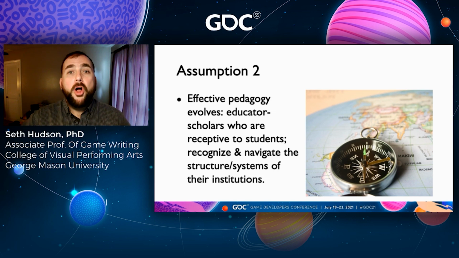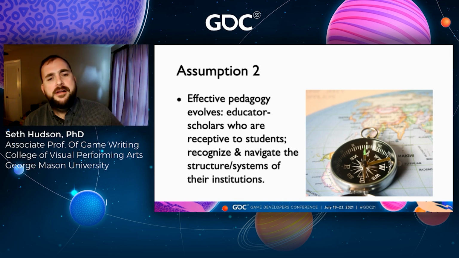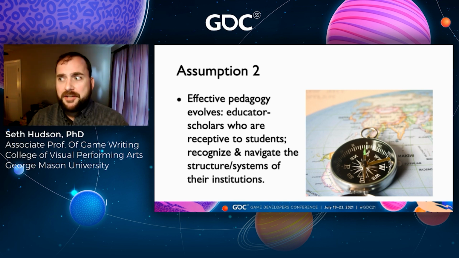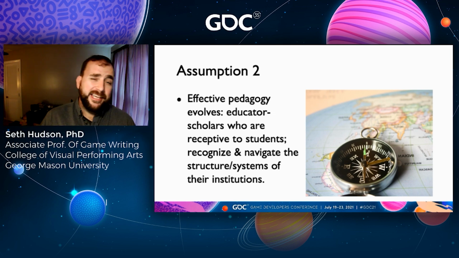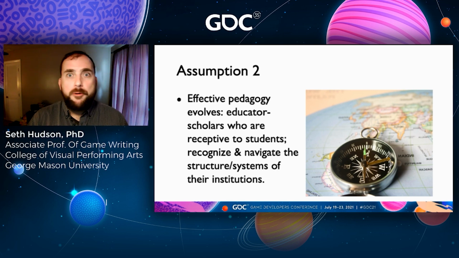But when we evolve, we allow ourselves to, A, keep it fresh. We're people too. We're not teaching robots. But B, to actually not just be pie in the sky. Like if I could teach them everything I wanted to and had access and all the time, that would be terrific. But we have to be practical and we have to evolve and make choices and edit what we do.